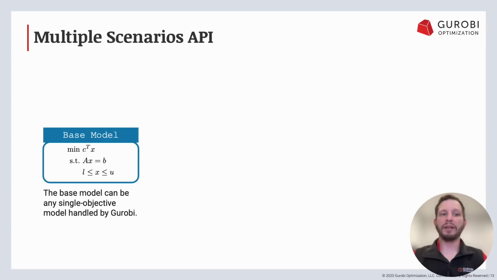So how does handling multiple scenarios look in our Python API? Well, let's say that you have a base model, so some mathematical optimization model, the good old, if you're familiar with this, c transpose x, subject to Ax = b, x between its lower and upper bounds. So we have a base model that can be any single objective model handled by Gurobi.